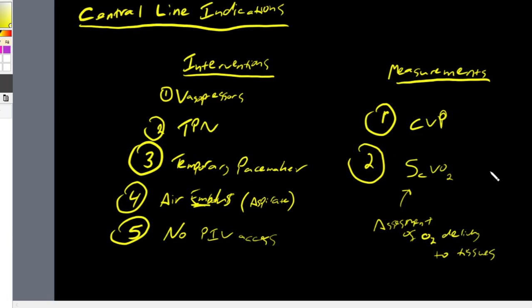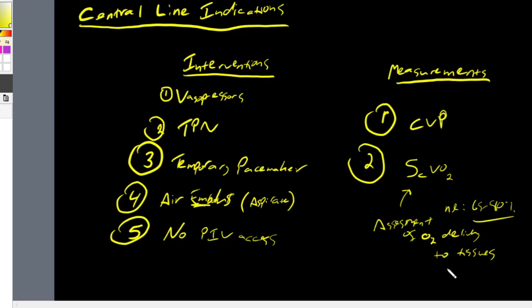If it's high, then that means you're not really delivering oxygen to tissues. If it's low, then that means that you are consuming a lot of oxygen. Your tissues are consuming a lot of oxygen. The normal value for this is 65 to 80%.